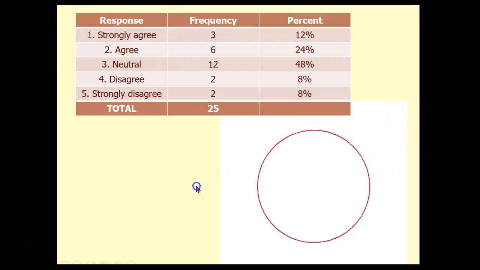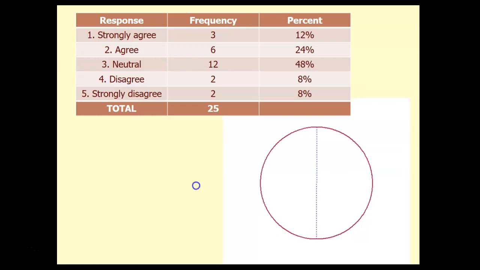I would start by just dividing the circle in half. That's fairly easy to do just by looking at it. And if any of these percents were exactly 50%, that would be half of the circle. One of these is 48%, so that's going to be a little bit less than 1/2 of the circle.